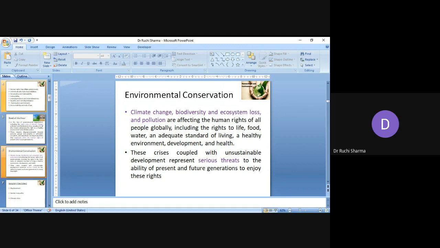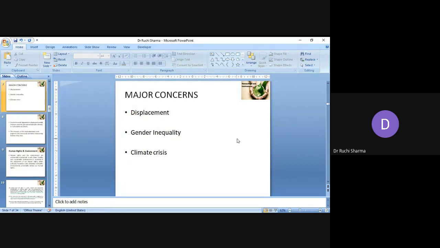These crises, coupled with unsustainable development, represent a serious threat to the ability of present and future generations to enjoy these rights. So, when we talk about how we can protect them, the major concern nowadays regarding human rights and the environment is displacement, due to development projects, urbanization, or industrialization.